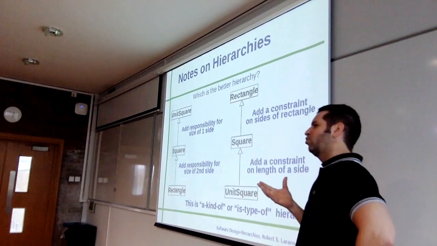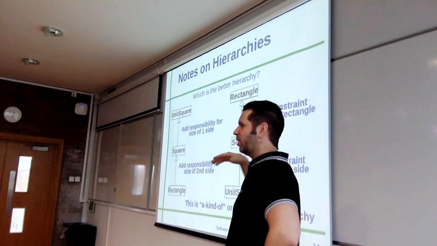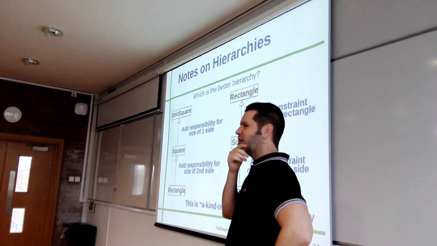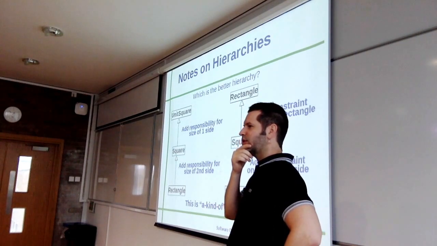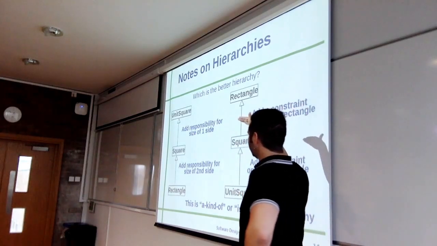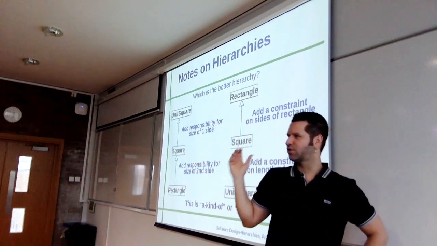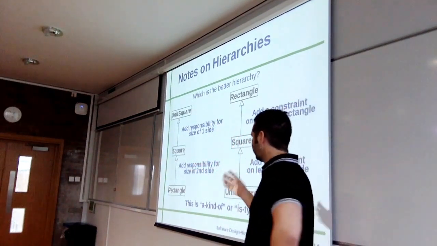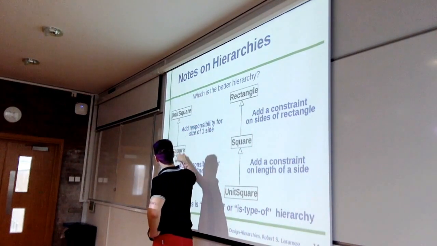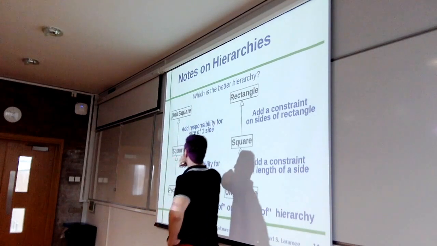But we have no rules that say simple goes at the top and complex goes at the bottom. That's just not a rule in our design process, not in software design. We don't have a class relationship that says rectangle is more complex than square, or square is more complex than unit square.